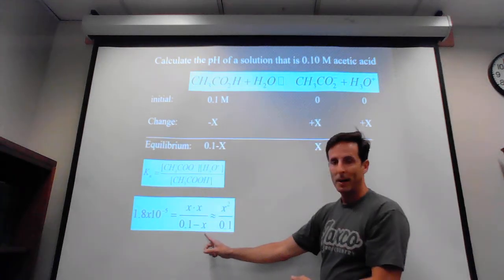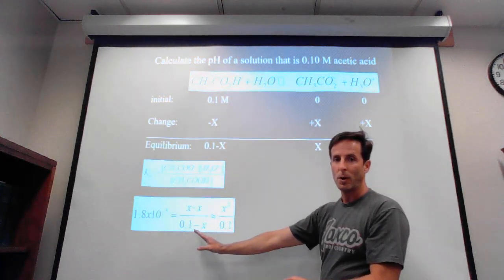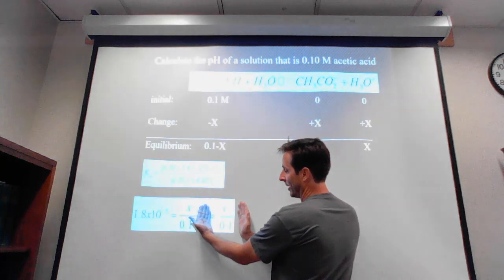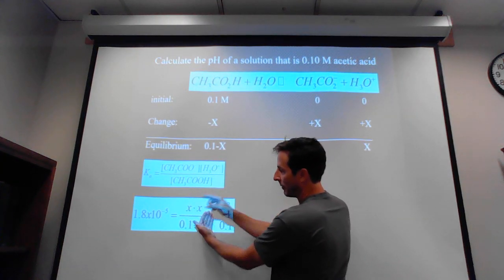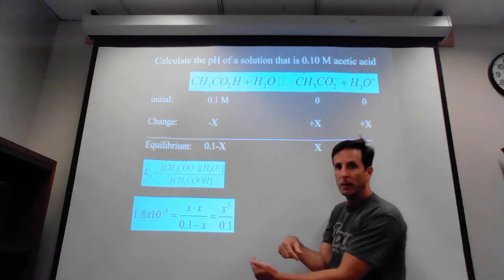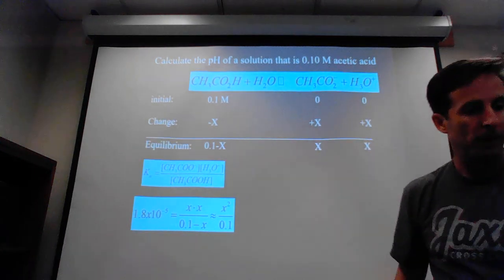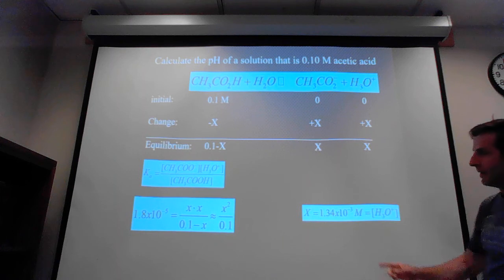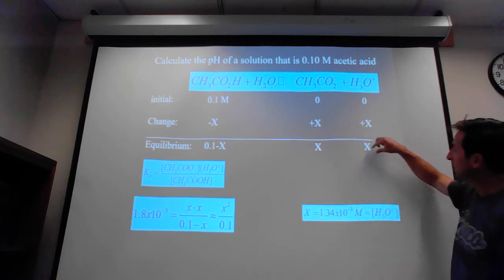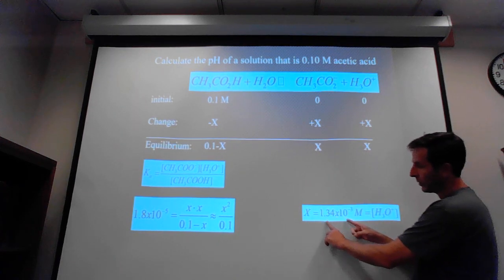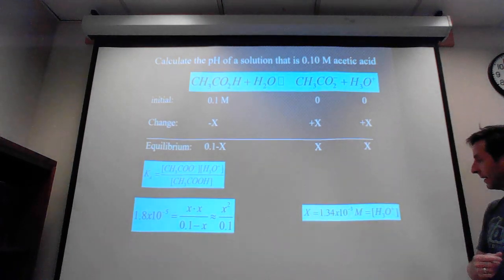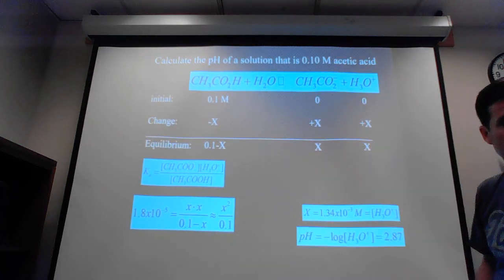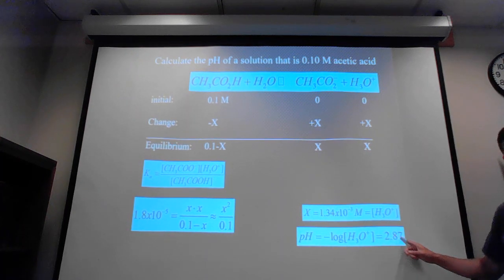Instead of having to do the quadratic, all I have to do is multiply 0.1 times Ka and then take the square root. If I do that, I'm going to find that my value of x, which is my H plus concentration, is 1.34 times 10 to the minus 3 molar. And then if I do the negative log of that, I'll find that the pH of the solution is 2.87.